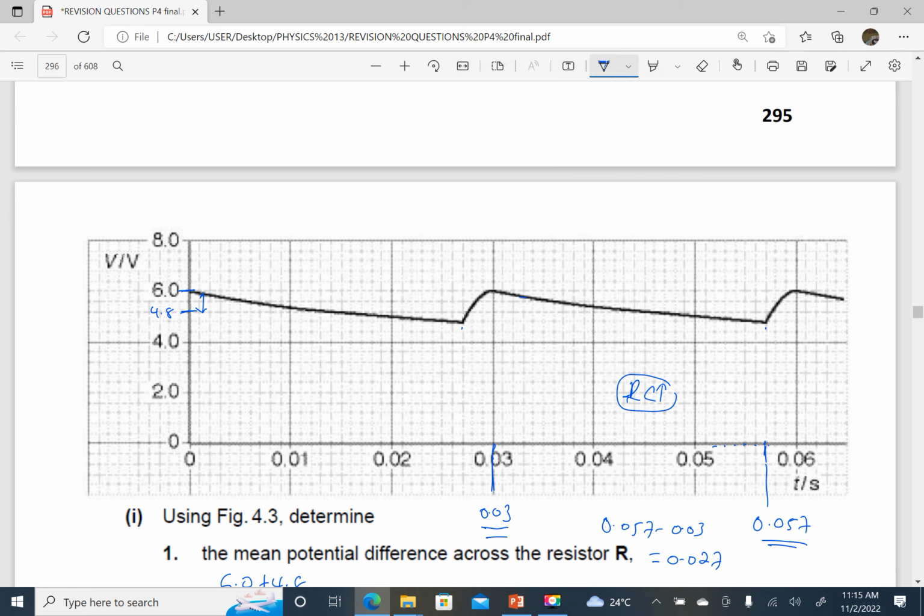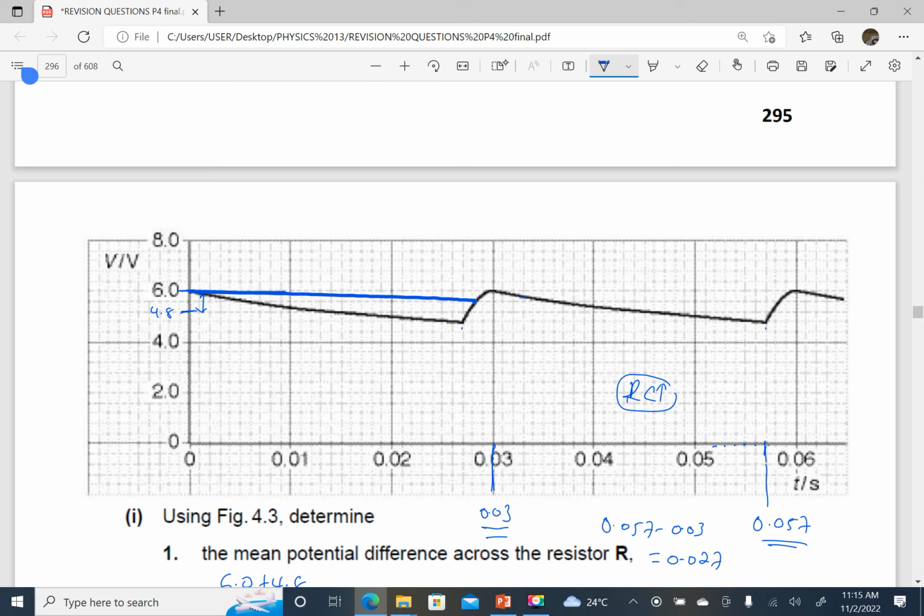Therefore, the fluctuations of the graph will not reach the same value as before. If it reached 4.8 earlier, this time, when we have another capacitor in parallel and have increased the capacitance, it will not reach there. Let's say it reaches maybe this point here.